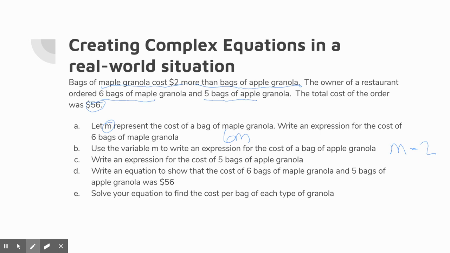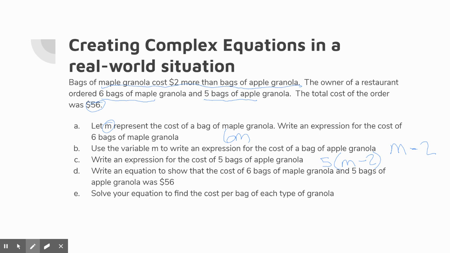So now I'm going to write an expression for the cost of 5 bags of apple granola. Well, M minus 2 is an expression for 1 bag, so I'm going to simply multiply that expression by 5. Then the next step is to write an equation to show that the cost of 6 bags of maple granola and 5 bags of apple granola was $56.